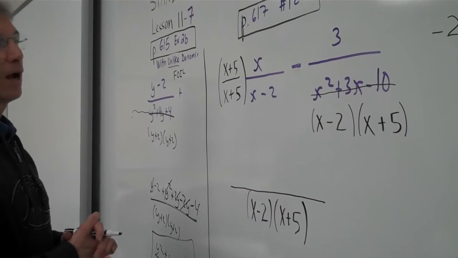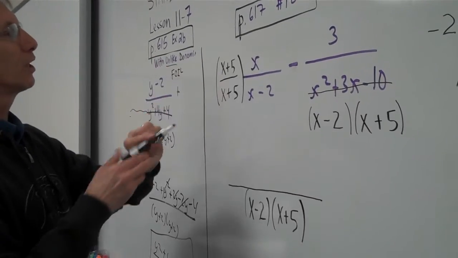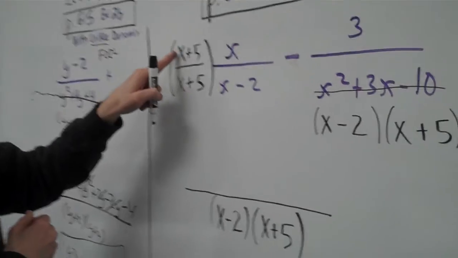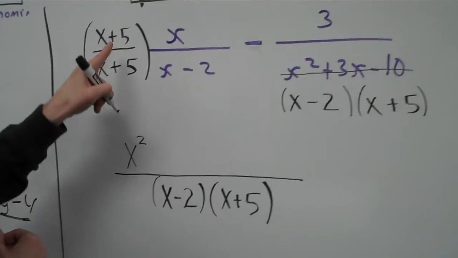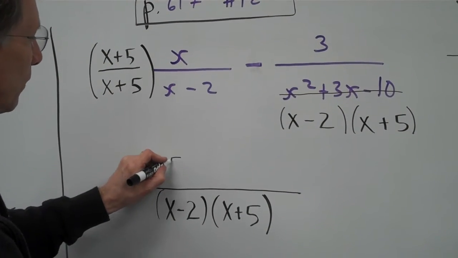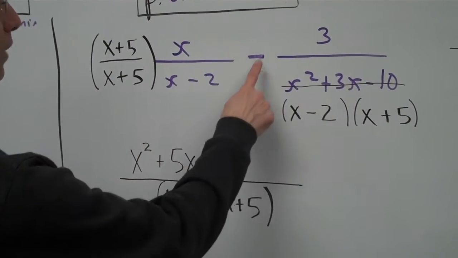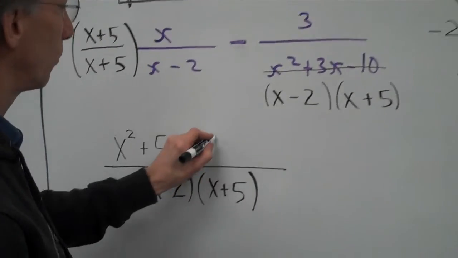So, now for the top, here's what we have to do. We have to distribute here, and we're going to do x times x, which is x squared. And we're going to do 5 times x, which is 5x, so we put plus 5x right here. Then we have the minus sign right here, so we put minus, and then the 3 that we have.